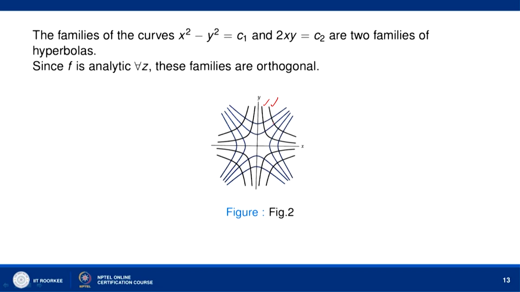So, at each point of intersection you can see the tangent to one is orthogonal to the tangent to the other. Okay. So, the two families of level curves are orthogonal to each other.